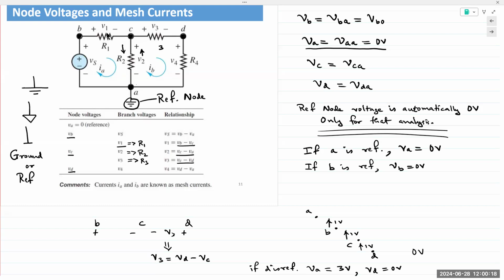They are not real because it's physically impossible to have two currents flowing in the same branch in the opposite direction. Current flows because of a difference in potential between 2 points, right? If both points are the exact same potential, no current is going to flow. One point has to be higher than the other in order for current to flow. If my right hand is higher than the left hand, current is going to go from high to low.